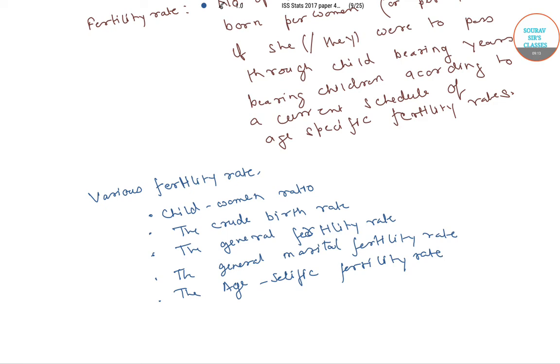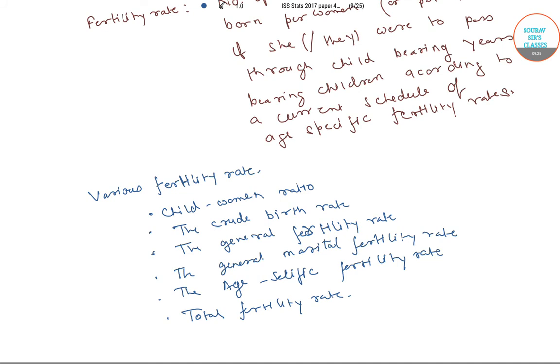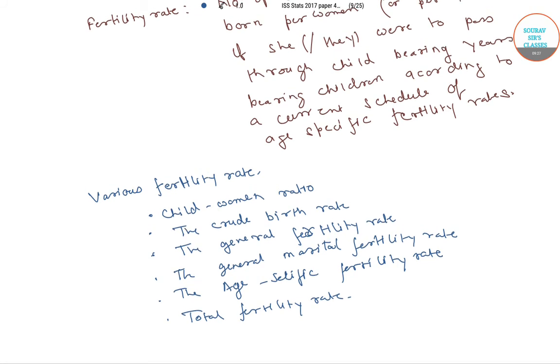Next is the total fertility rate. Then there is the gross reproductive rate, that is GRR.